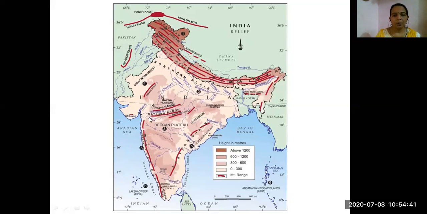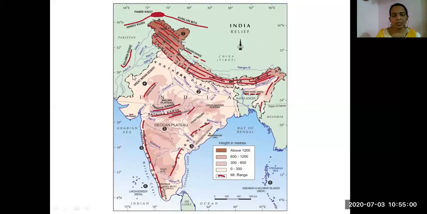Again, one monsoon flow comes from the eastern part also. This region is also lying far from that flow. Whenever the monsoon winds reach this region, it gets dry.